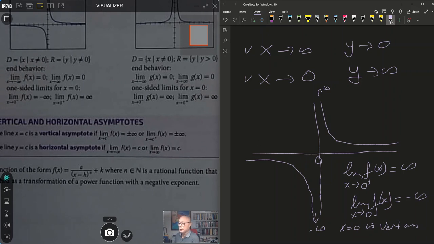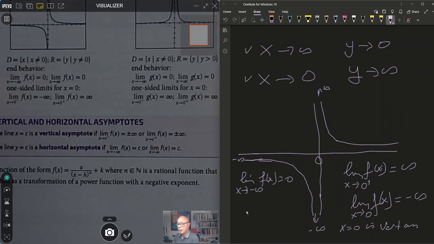Also, y equals 0. On the other side, when x goes to negative infinite, the value of f(x) goes to 0. So limit when x goes to negative infinite, f(x) equals 0.